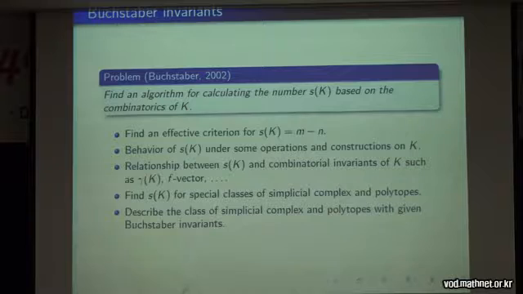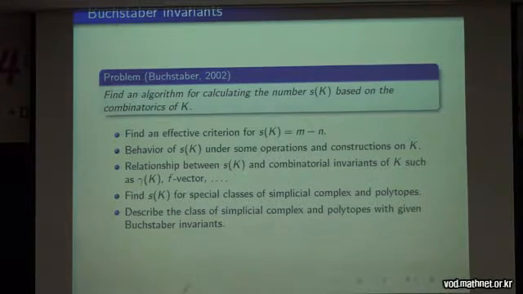Also, relations between the Buchstaber invariant and classical combinatorial invariants, like the chromatic number, f-vectors, and so on. Then finding the Buchstaber number for special classes of simplicial complexes and polytopes. And generally, we want to describe the class of simplicial complexes and polytopes with given Buchstaber invariant.